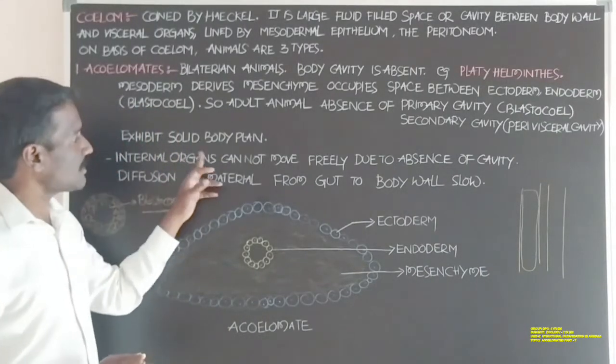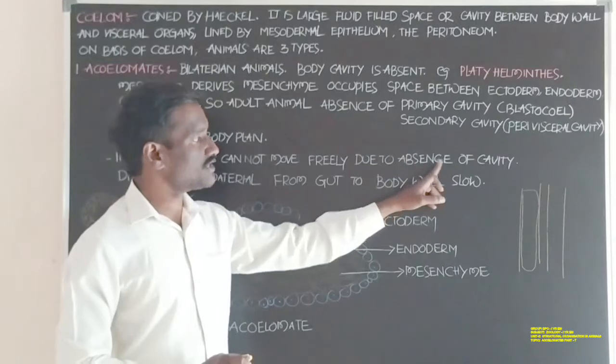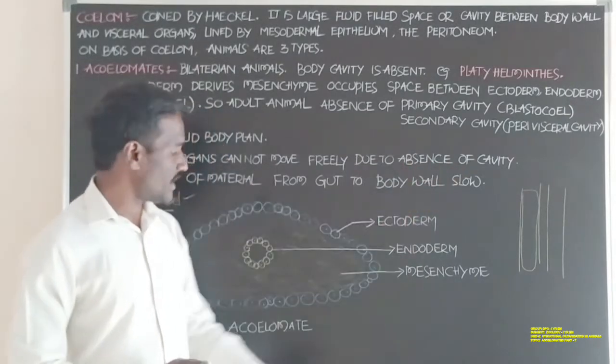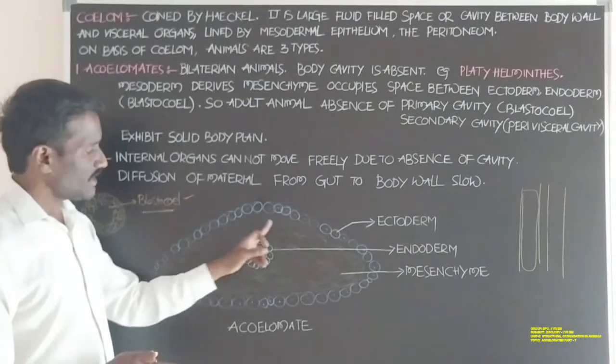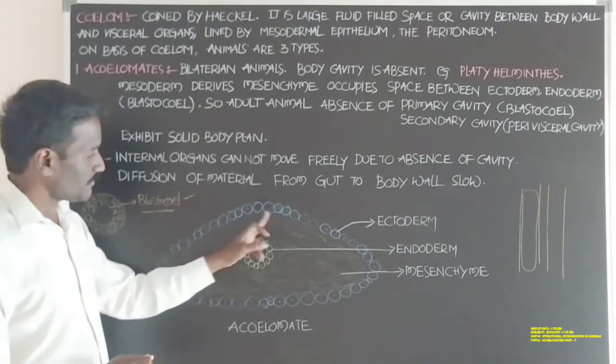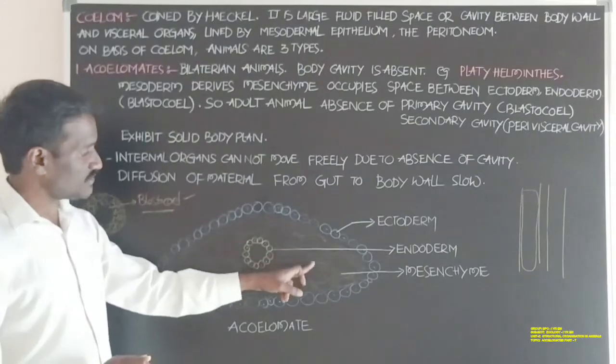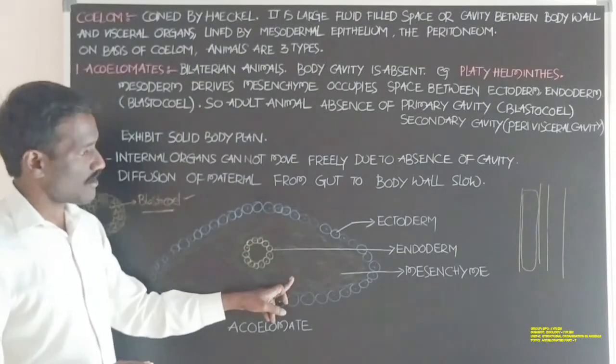Next, internal organs cannot move freely due to the absence of the cavity. Students, if there were a cavity, this would be the space for the location of the internal organs.